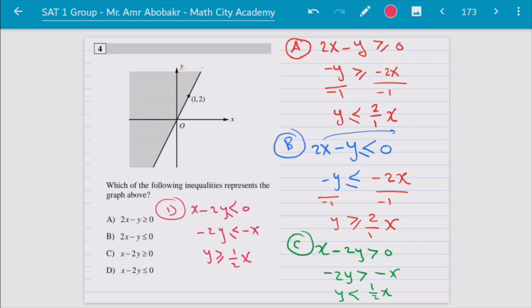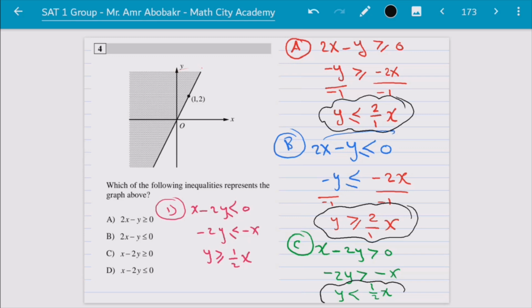So we have here, in all of them, the y-intercept is 0. So which one of them will be correct? Look at this. This is the first one, and we will color this inequality, and choice B, choice C, and the last choice D. Okay, so now, where is the colored part, above the line or below the line?